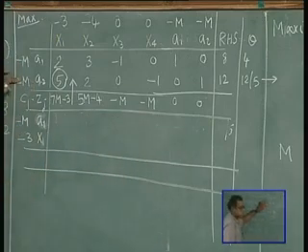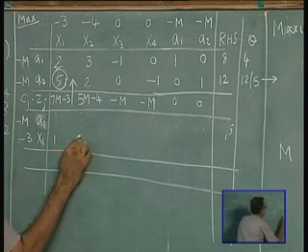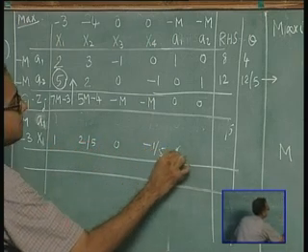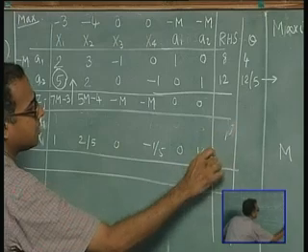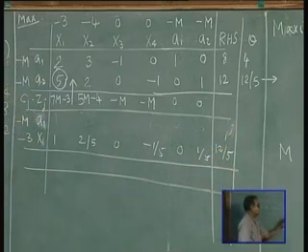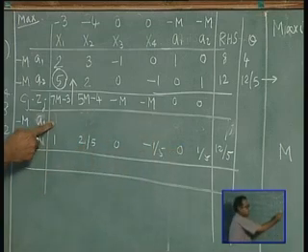Now we need a 1 0 and a 0 1, we need to get a 0 here.